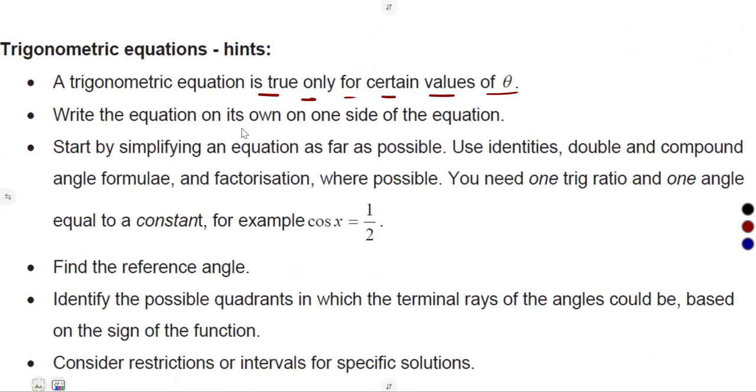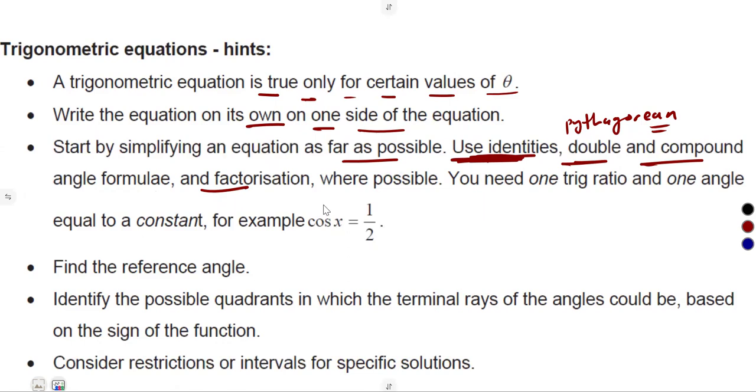Write the equation on its own, on one side of the equation. Start by simplifying an equation as far as possible. Use identities where possible: double angle, compound angle formula, factorization, even the Pythagorean identities, those square identities.